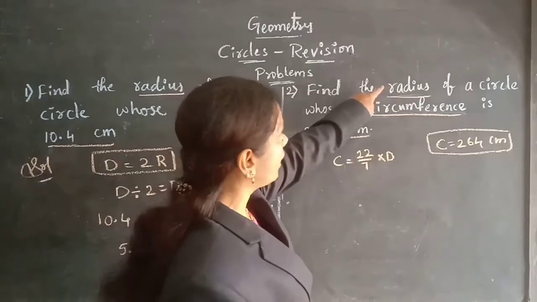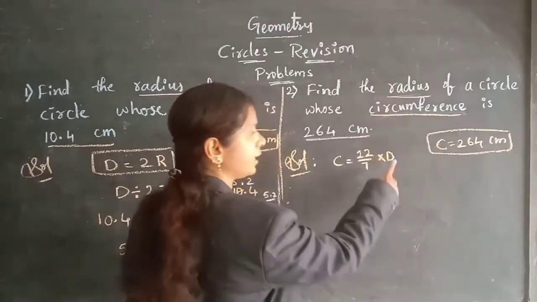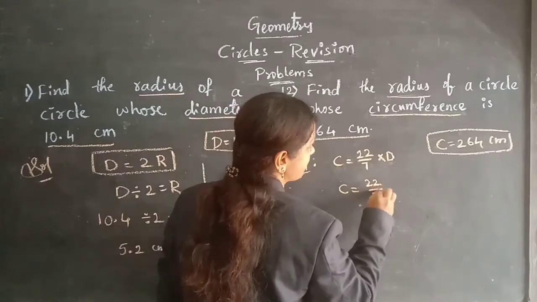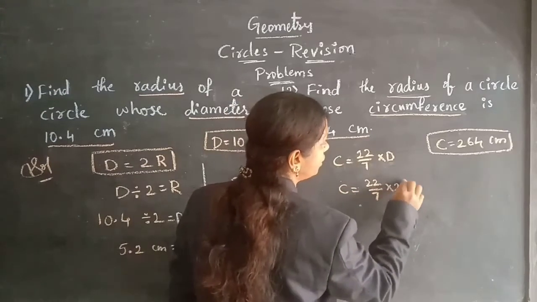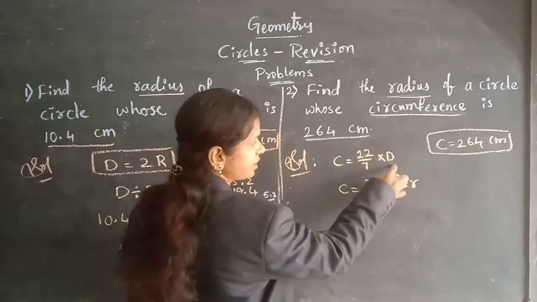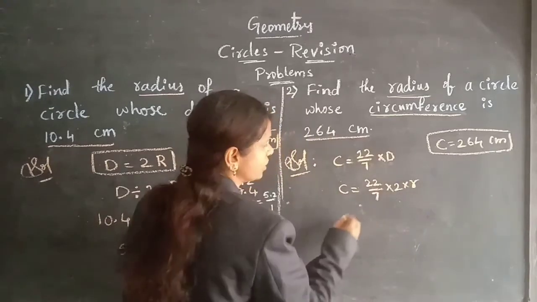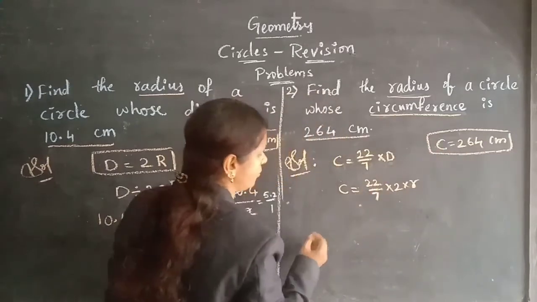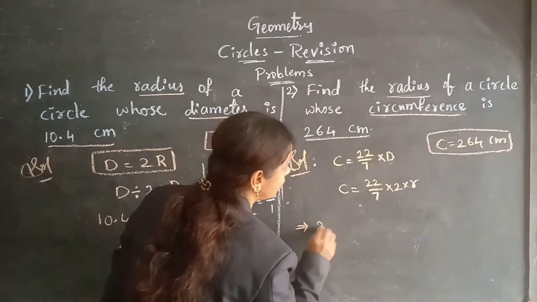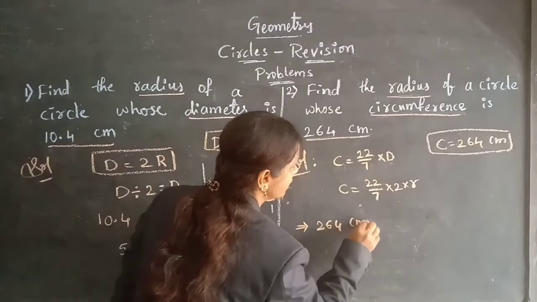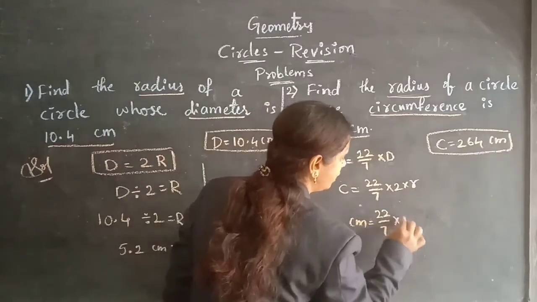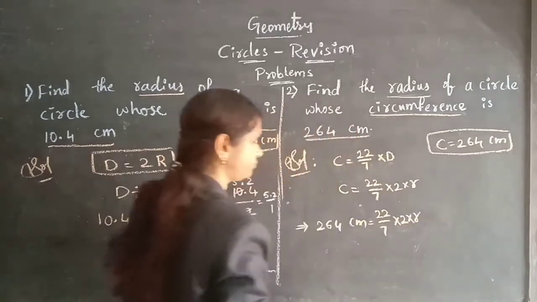But we require the formula in radius, so I can convert the diameter to radius: 22 by 7 into 2 into r, since diameter is equal to 2 into r. Now I can substitute the circumference value in the formula. So 264 is equal to 22 by 7 into 2 into r.